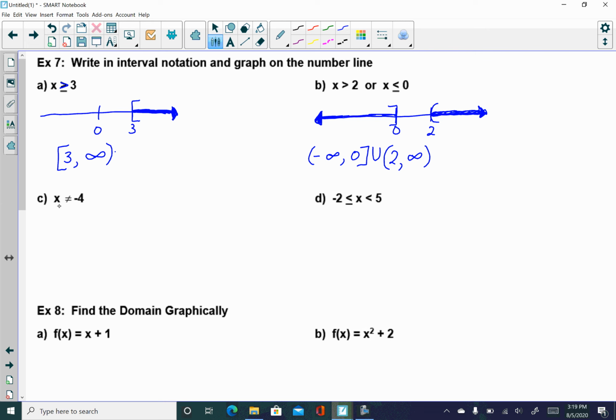In letter C, it wants us to graph x cannot equal -4. So if I draw my number line, here's my 0, here's my -4 over here. It's just saying x can't equal that, meaning it can equal everything else but that. So I use parentheses because it can't equal, going both ways. And I'm going to shade both directions because I can equal everything but -4.